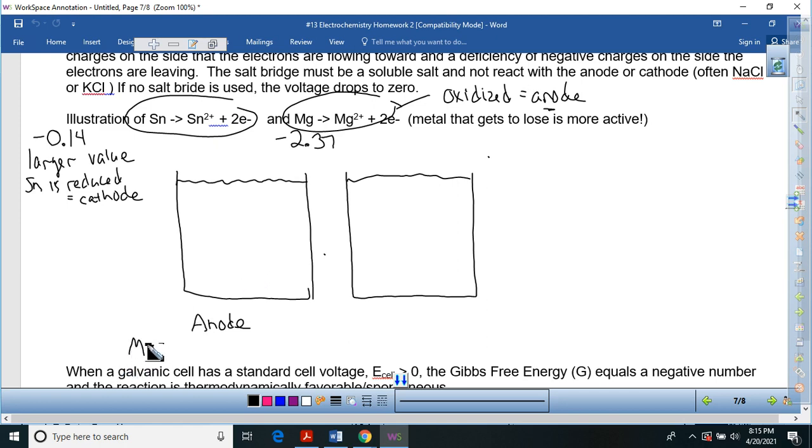So the half reaction should clearly show the magnesium losing electrons. And actually, it already is. And because it's losing electrons, if you'll recall, we flip this number, we make it positive. So the reduction potential is negative 2.37, but the oxidation value is positive 2.37.